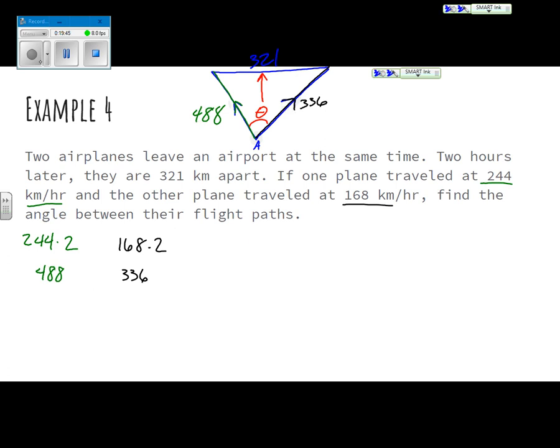So that 321 has got to camp on a side by itself. And then the flight of the two planes will be over here on what I'm going to refer to as the business side, like all the math. 336.